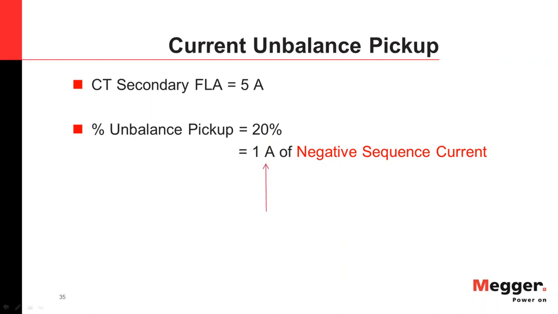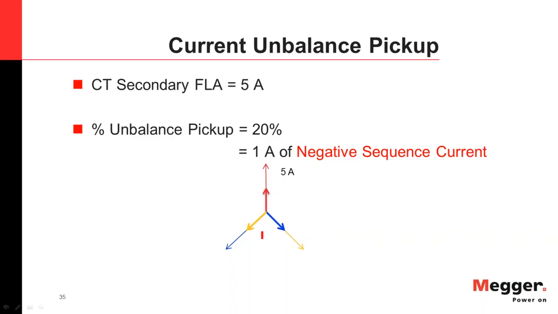So what is happening is I have a system which was balanced before, and it was having full load current flowing through it. I saw a 5 amp current flowing through the system, and it's a balanced system. And on top of that, I saw an unbalance, which has a magnitude of 1 amp, and as I told you, it's a negative sequence, so it will have a different phase rotation.